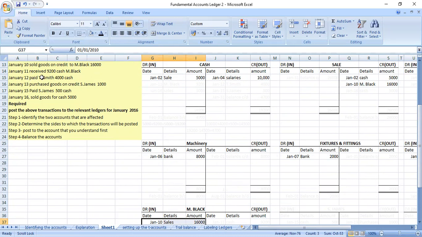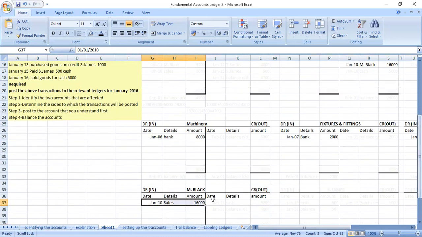The two accounts affected are cash and M Black. If M Black paid us, it means that the money is coming out of his account. So it's January 11, $9,200 came out of M Black's account and it's in the form of cash.